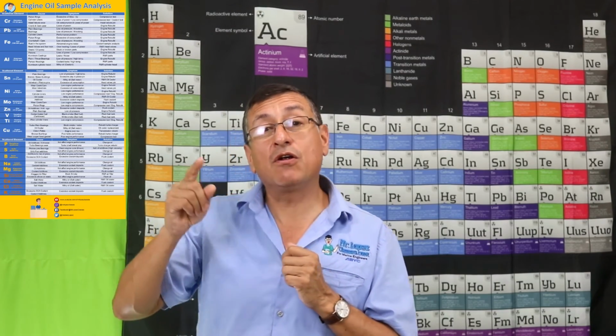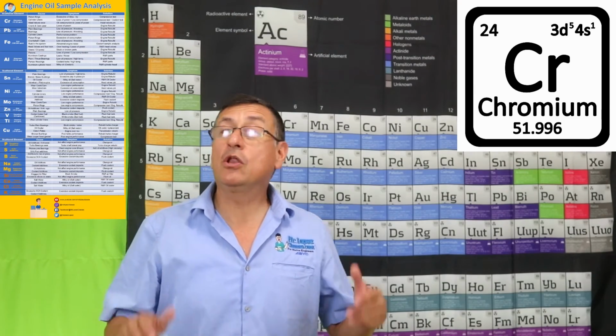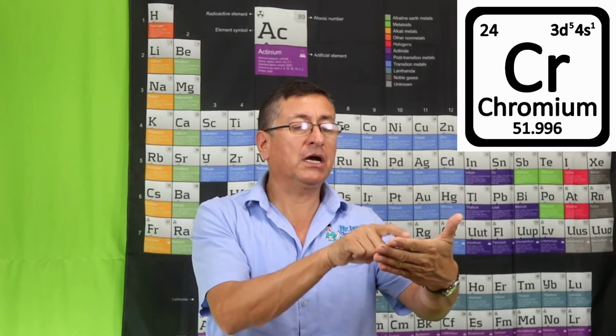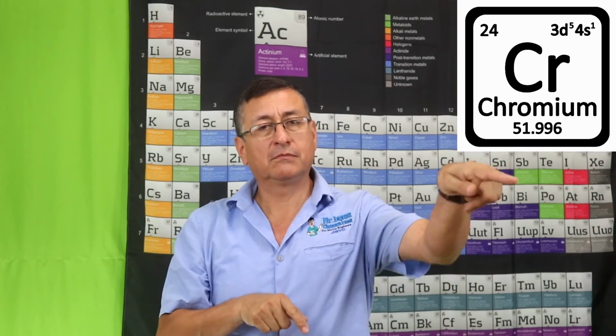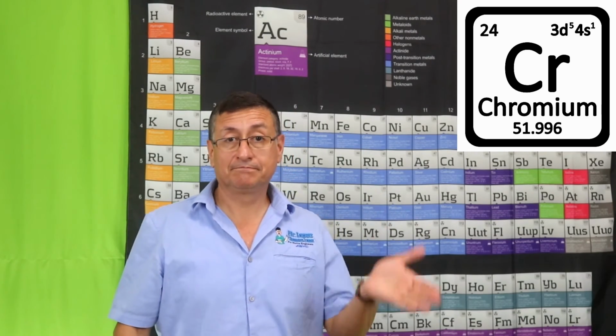If we find a lot of chromium in the oil sample, it's because the piston rings are broken or gone. In that case, we have low compression and we have blue smoke. Easy. I check the report, high level of chromium, low compression. Oh no, check the compression. Oh yeah, it's too low. That report. Chromium. Magic.